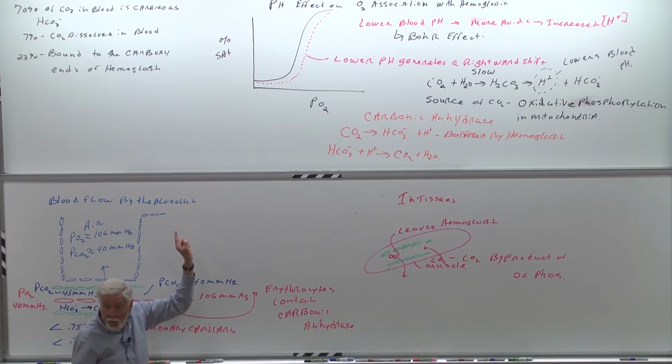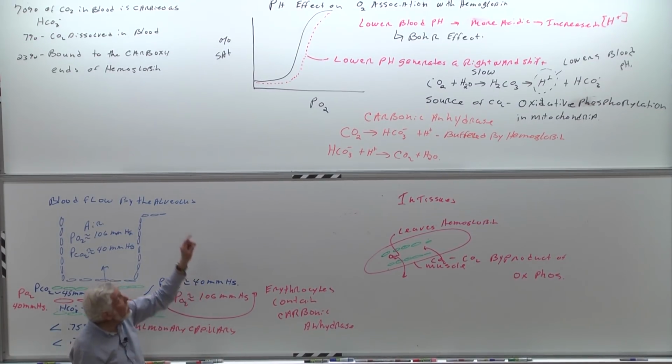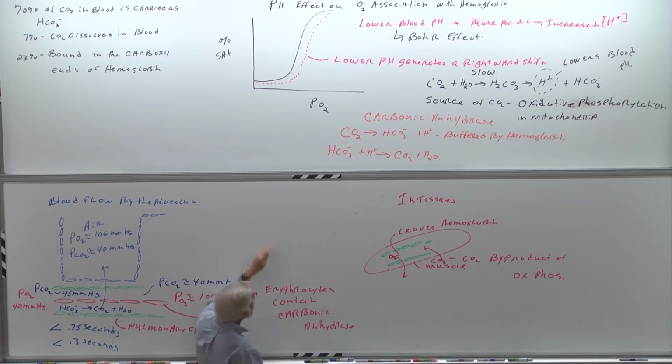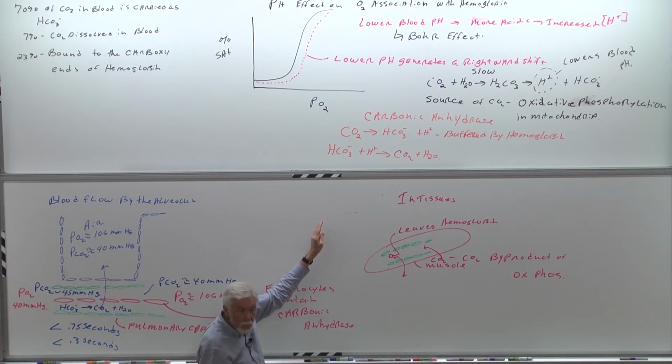So now we've increased the affinity for oxygen in the lungs. So everything is working to maximize oxygen binding in the lungs and minimize oxygen binding out in the tissues, both from the perspective of pH and the perspective of temperature.